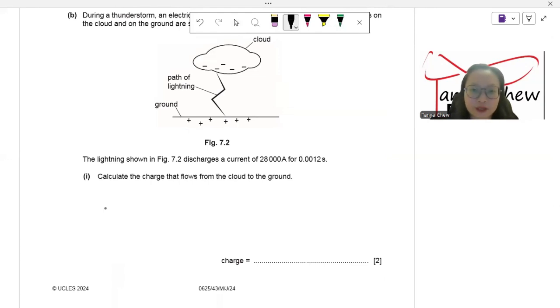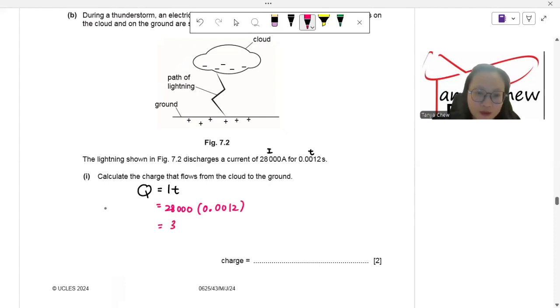When the current and the time are given, I just use the equation Q = It. Q represents the charge, I represents the current, which is 28,000, and T represents the time, which is 0.0012. You will get 33.6 coulomb. Remember, the unit of charge is coulomb. 33.6 coulomb is the answer.